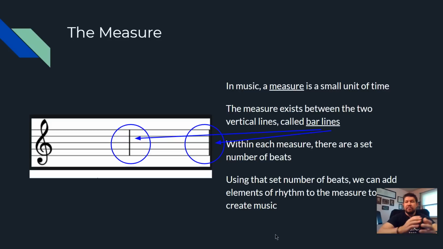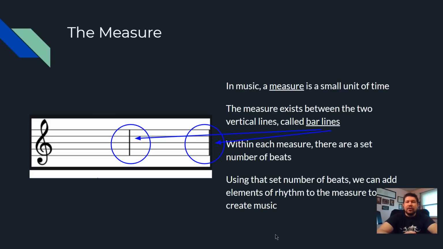Rather than having a big, long string of notes and rhythms, we are going to have smaller pieces that are easier to digest. It's very similar to when you're reading a book. If all the letters were mashed together, could you figure out what the words were? Probably. Is it a whole lot easier with spaces and punctuation and all those different things in there? Absolutely.